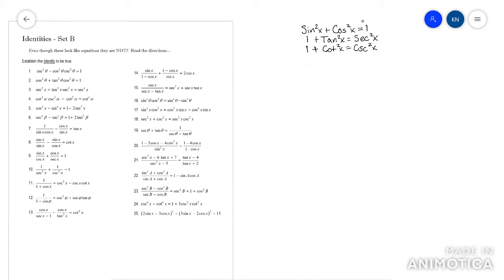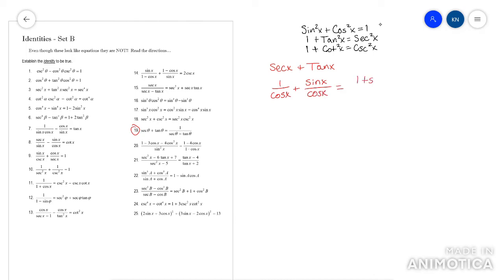All right, number 19. I've got secant plus tangent. Okay, this one's going to be weird. So the first thing I would do is I'd realize that it's like 1 over cosine plus sine over cosine, which means I can combine the numerators.